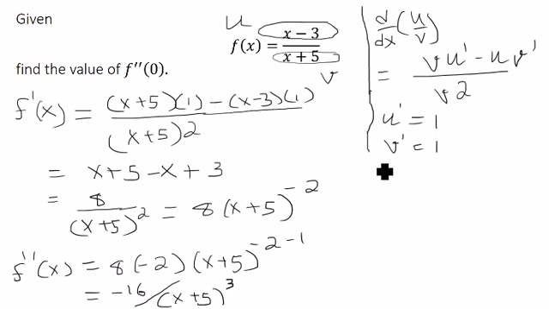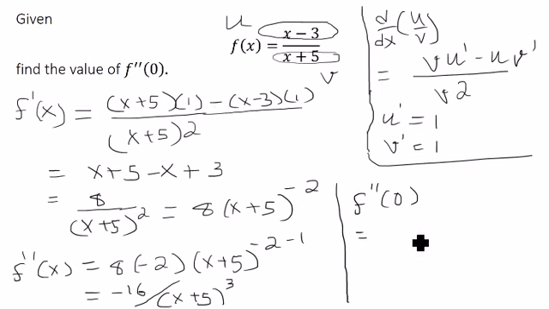And finally, I have to replace x with 0. So f double prime of 0 is going to be negative 16 over 0 plus 5 cubed, and that's going to be negative 16 over 125, because 5 cubed is 125.